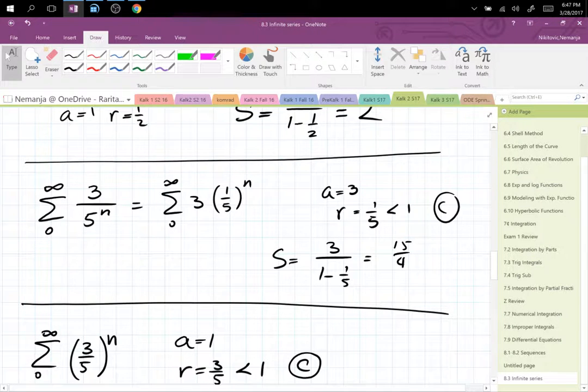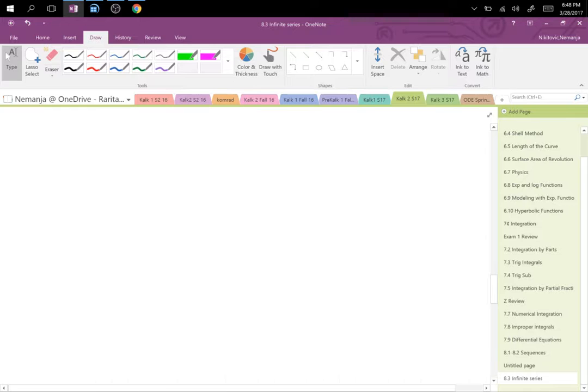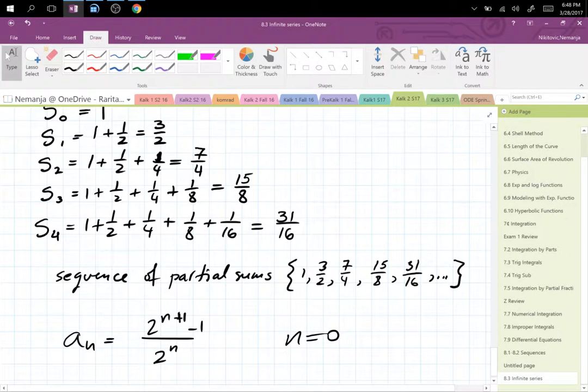Oh, r is less than 1, converges. Oh, r is bigger than 1, diverges, because I memorized it. So I understand there are tests coming up for memorization, but that's a shortcut and much less work than doing this for every problem under the sun.